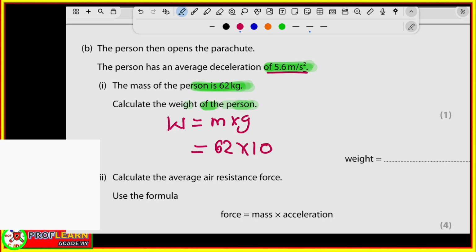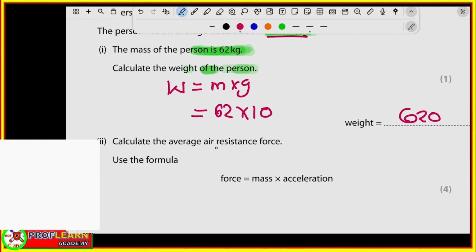So always check in your paper. That is actually page 3. Check page 3. You are always provided which value of G you are going to use, and this is going to be actually 620.